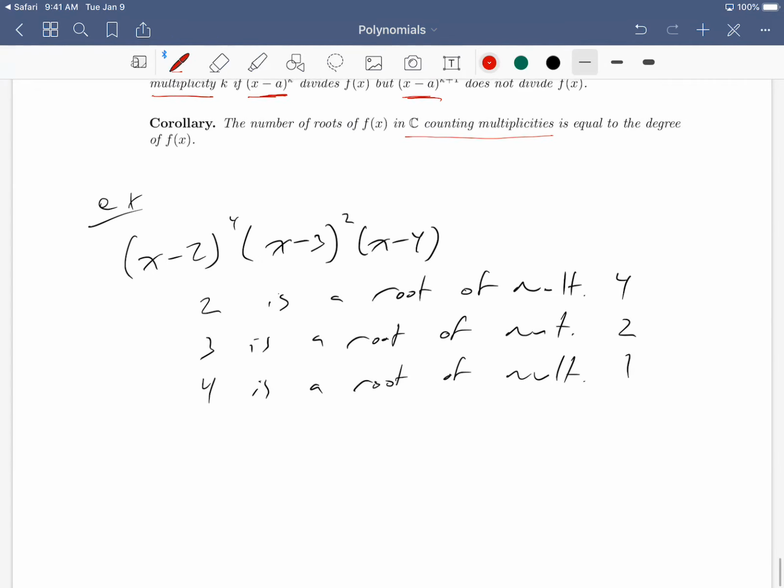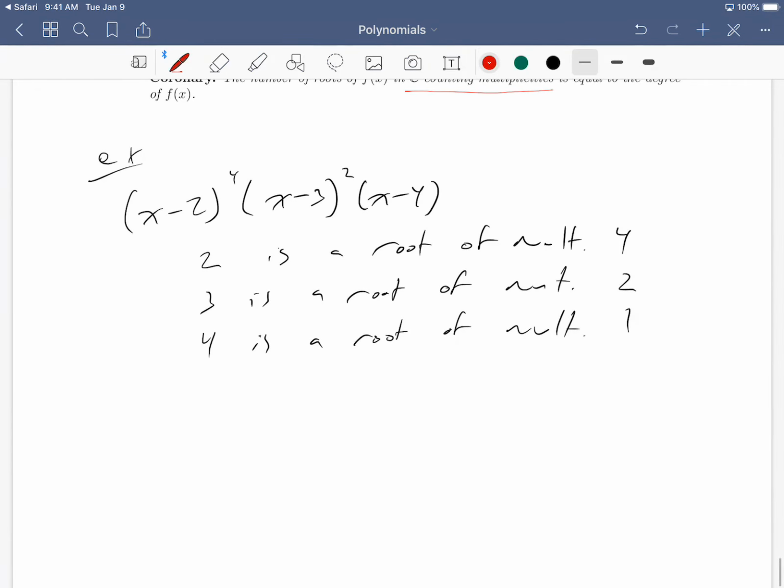If you expanded the (x minus 2) to the 4th and (x minus 3) squared and (x minus 4) and multiplied them all together, you would get a 7th degree polynomial. And if you count those roots with multiplicities, 4 and 2 and 1, that's 7 roots counting multiplicities.